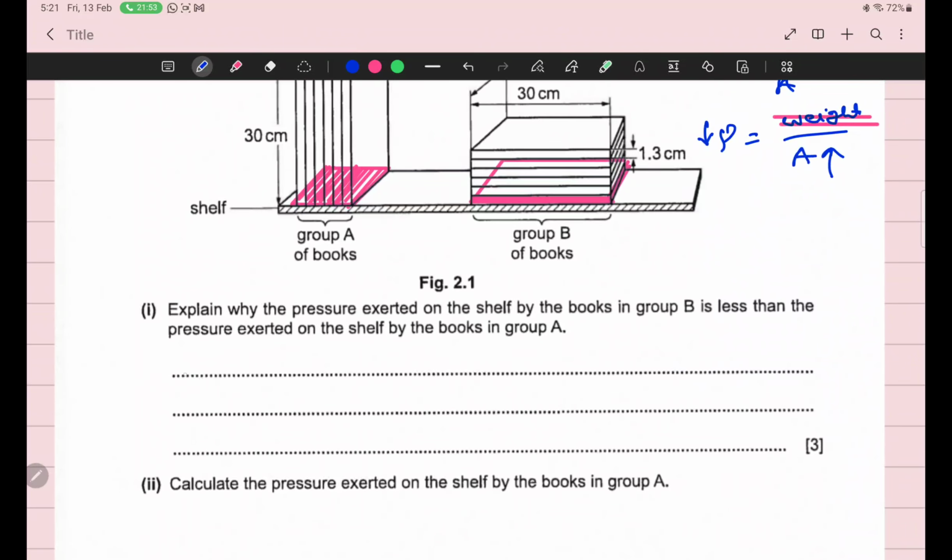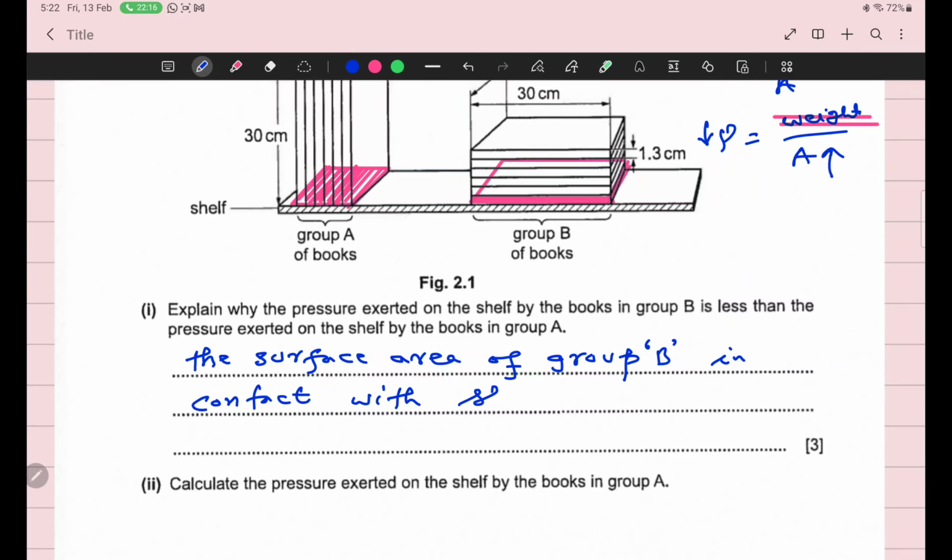The surface area of group B in contact with shelf is larger.